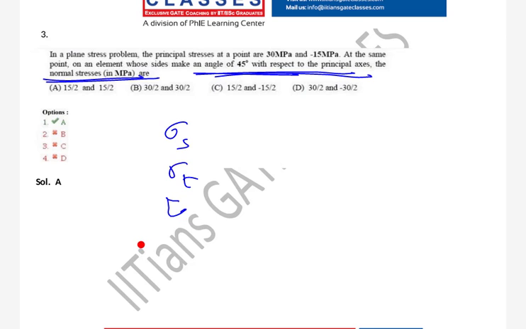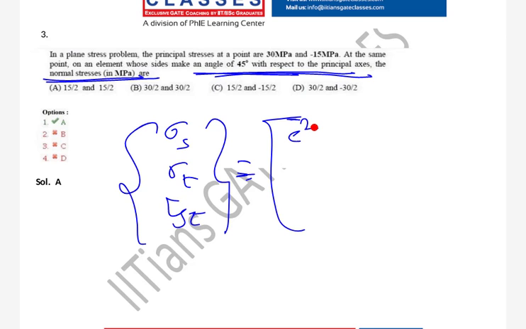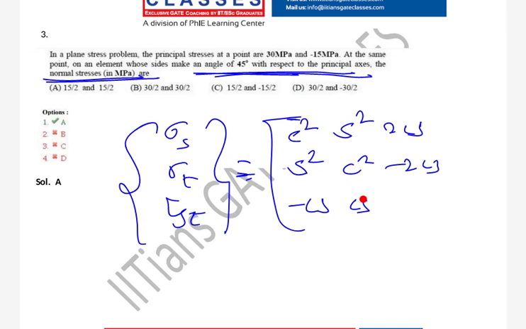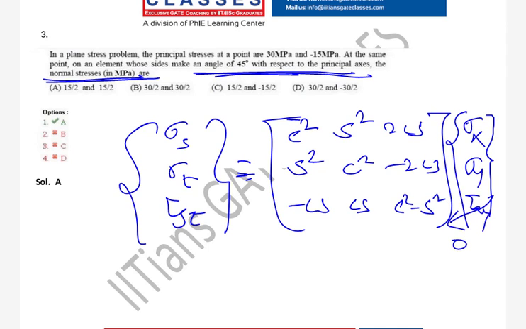It will be c square, s square, 2cs; s square, c square, minus 2cs; minus cs, cs, c square minus s square. Here what happened? You only have sigma x, sigma y, and tau xy is 0 because these are my principal stresses.